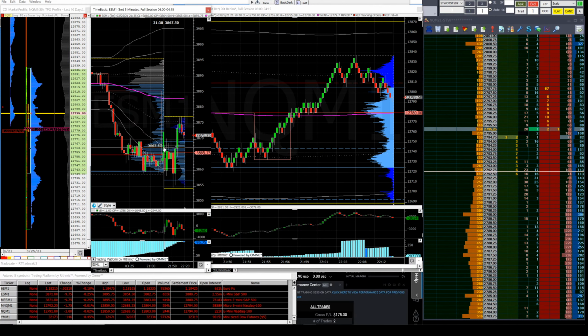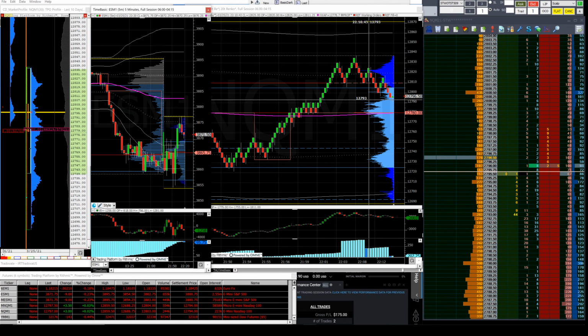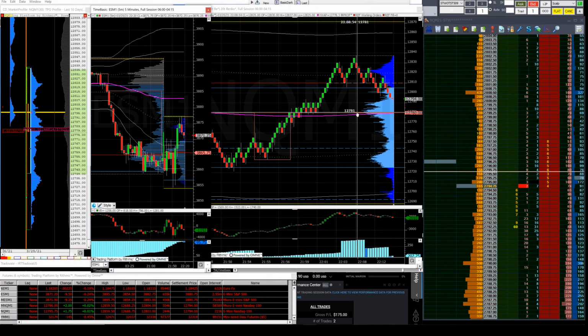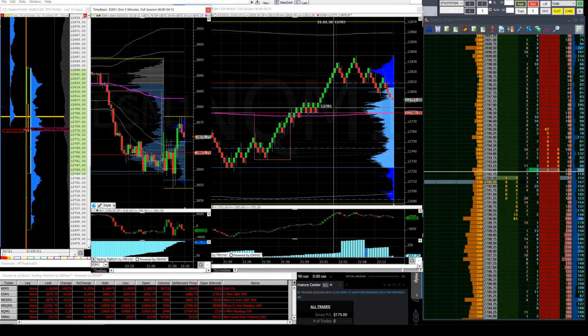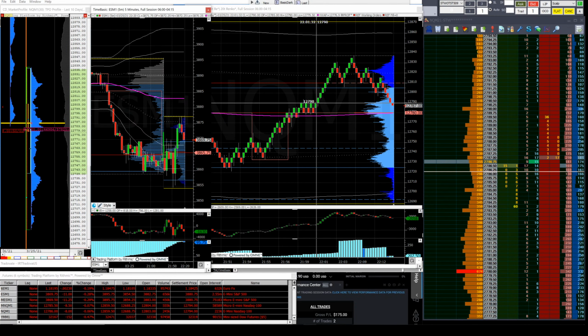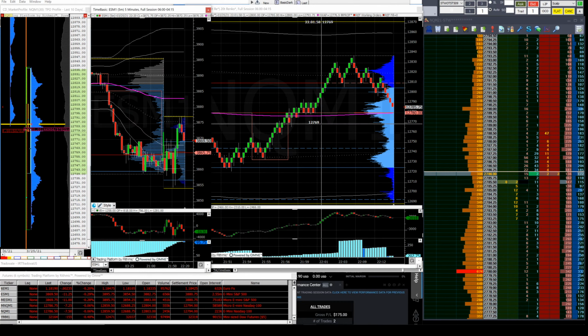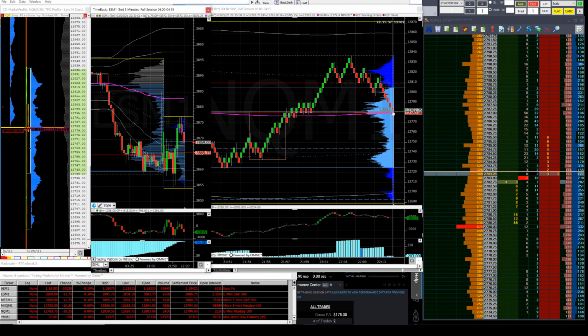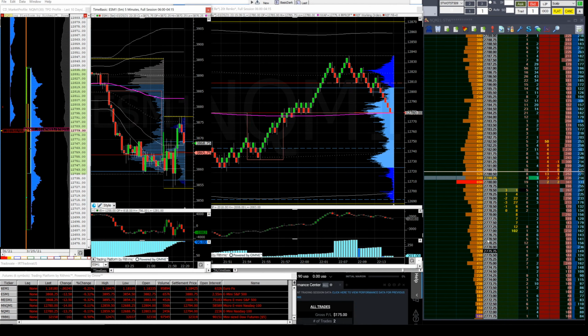And here comes the ES down. And here they follow. Are they going to come back to the VWAP and POC? But they got this consolidation area to get through here, and well, they're already through it, or into it. Now, there might well be a bounce right about here. It's 871. Right about there.